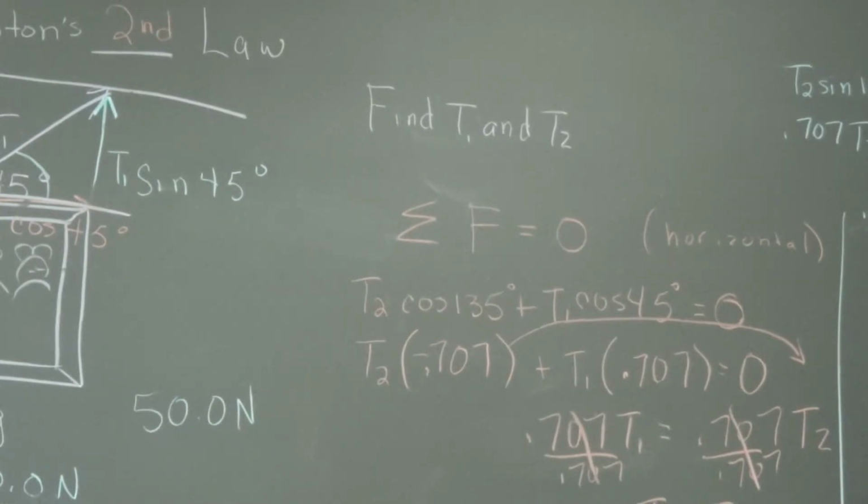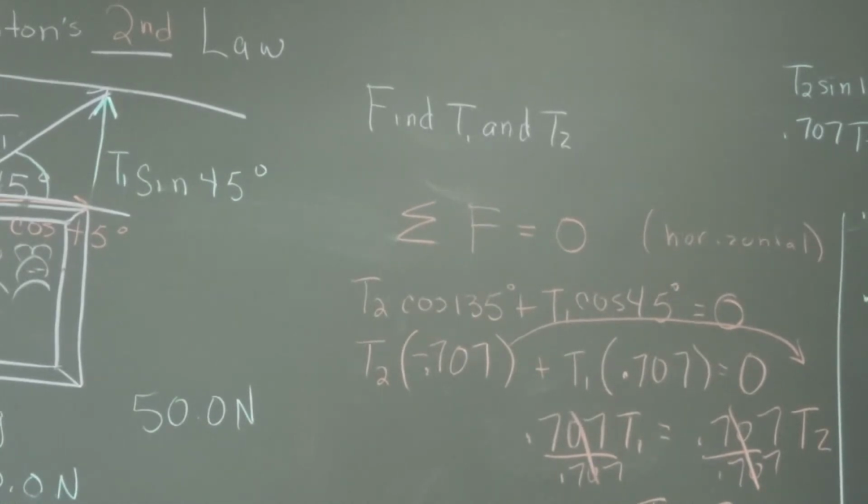And so I can make this substitution though. That will bring me home. Everywhere there's a T1, I can replace it with a T2 or vice versa. I usually keep my T1s. So everywhere there's a T2, I'm going to put in my T1. It doesn't matter which way we go. So here's the T2. I'm going to make this substitution.